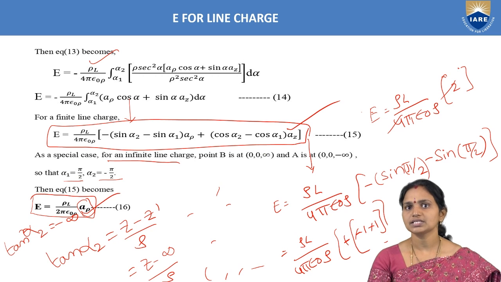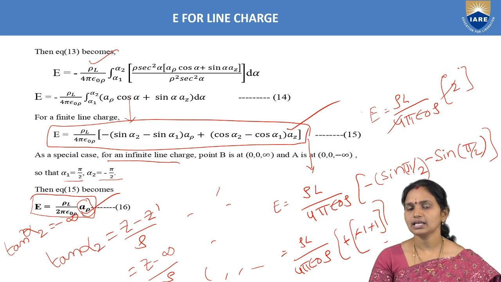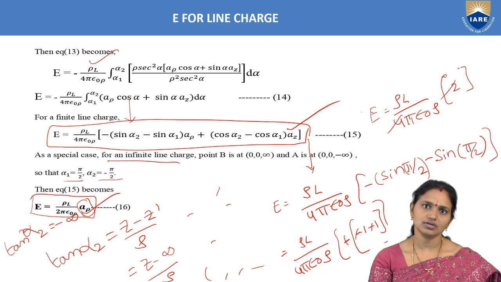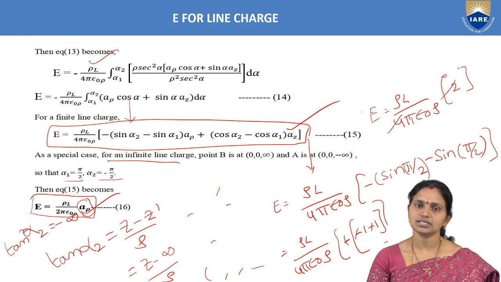And then by taking a special case, if the line is extended up to infinity, then it is the infinite line case. Infinite line means it has to extend from minus infinity to infinity. Then the point A, the lower end of the line, has shifted to minus infinity and the upper end of the line has shifted to plus infinity.